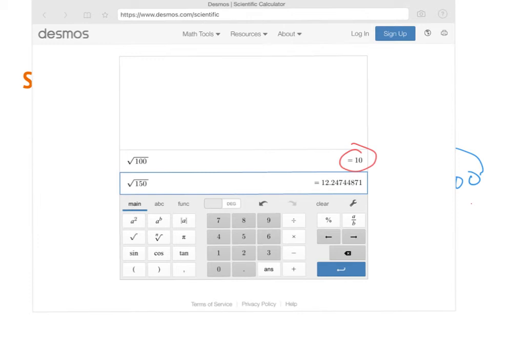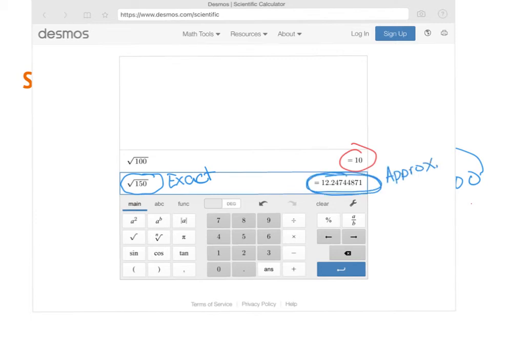However, because of the very large decimal, I would need to round my answer. So this would give me a rounded answer, whereas the radical is exact. This would be an exact answer because of the radical, and this large decimal is an approximation.